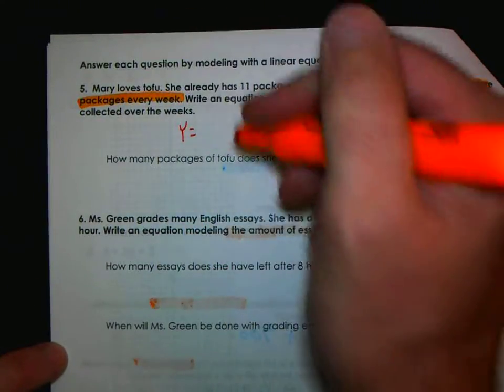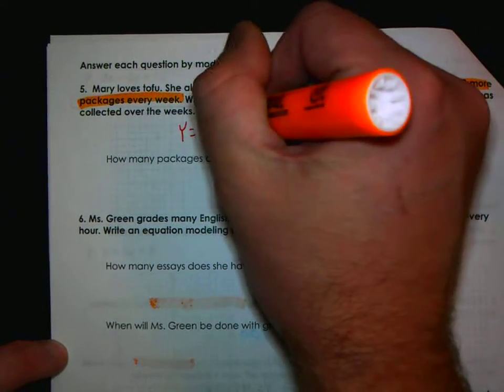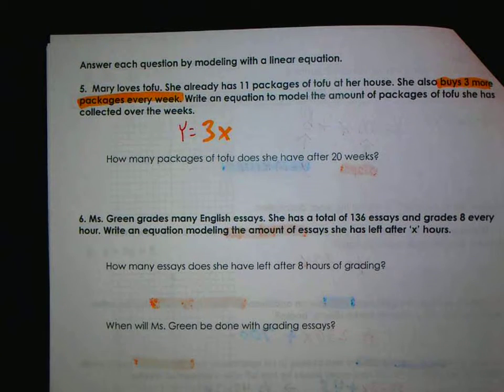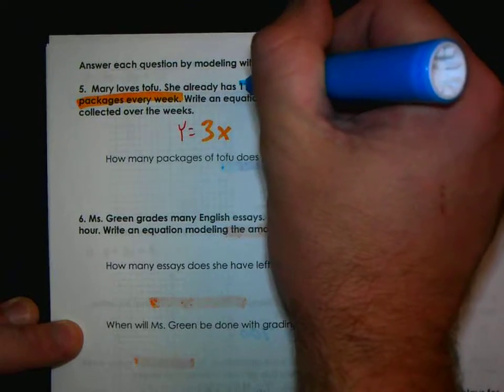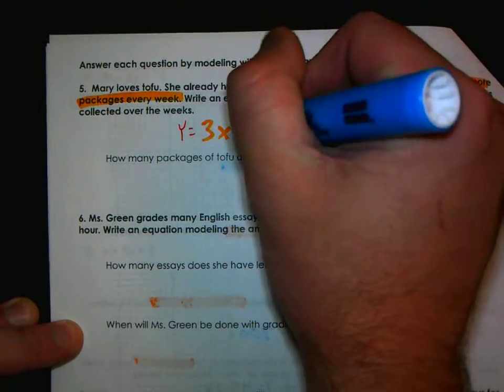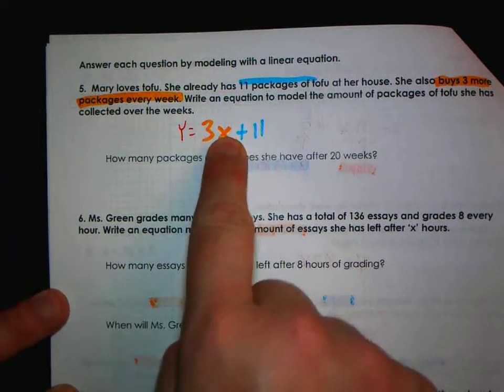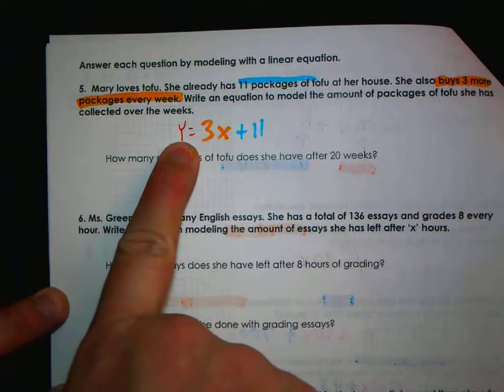So I'd say y equals 3x, where x would be the number of weeks. And then how many packages does she start with? 11. That's her constant. And then the question is, so x is weeks, y is how many packages of tofu she has.